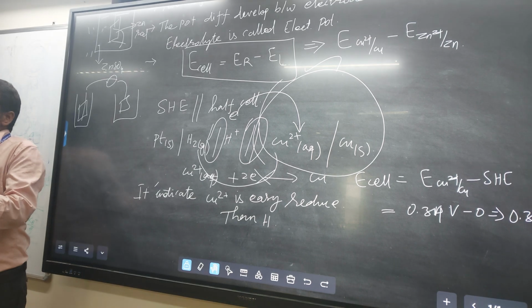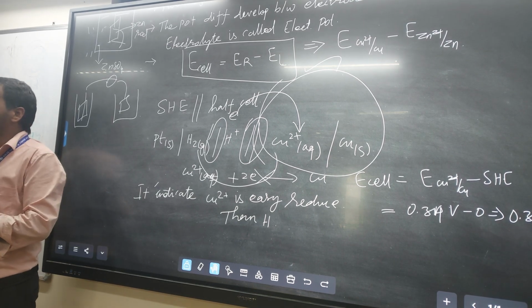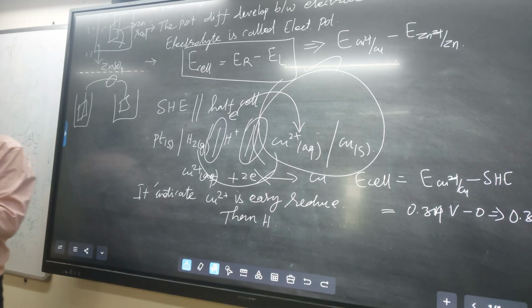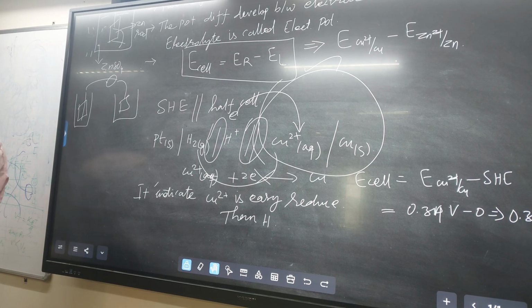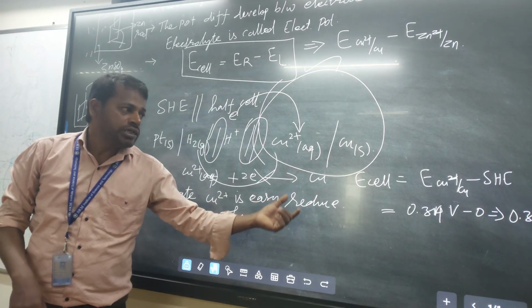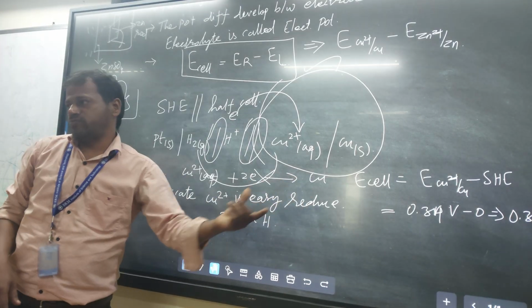But in the case of zinc, minus 0.76 volt, that means compared to zinc, hydrogen is easy to reduce. But here it indicates the copper 2 plus is easy to reduce than the hydrogen.